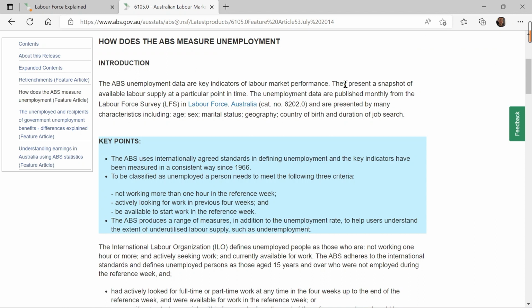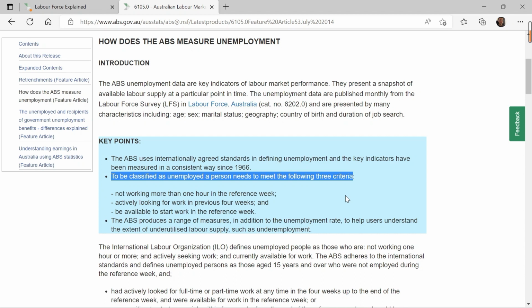On this page, the ABS explains more about unemployment. To be classified as unemployed, a person needs to meet the following 3 criteria. First, not working more than 1 hour in the reference week.